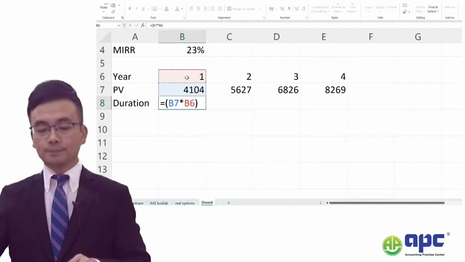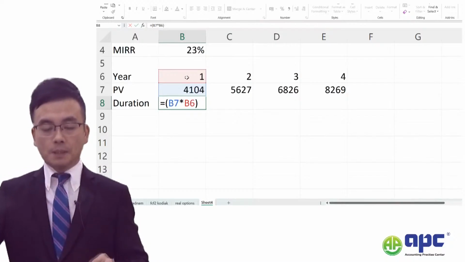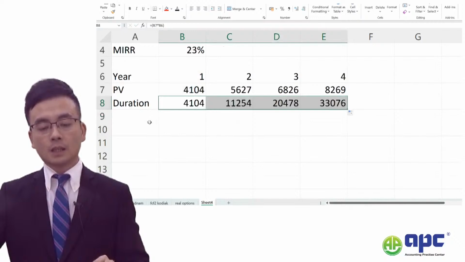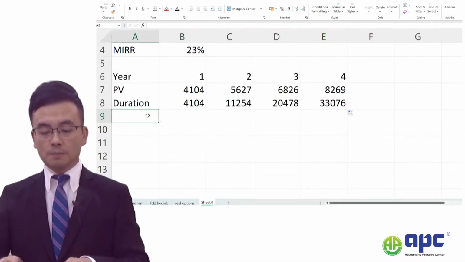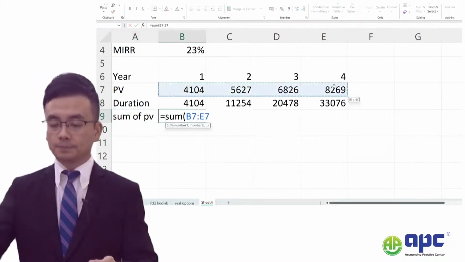Alright. And so you can do the subsequent calculations on your own. But here, I would like to drag it here. And of course, the sum of present value, so summing all the present value.